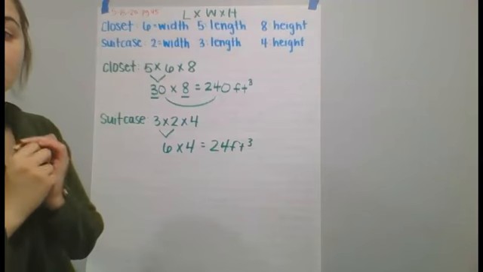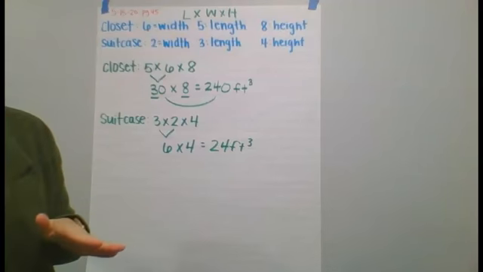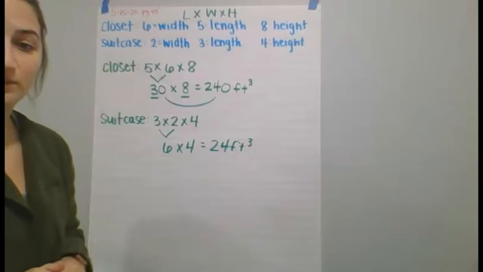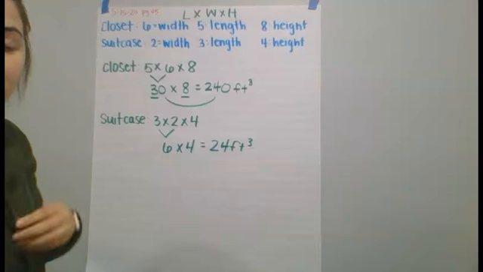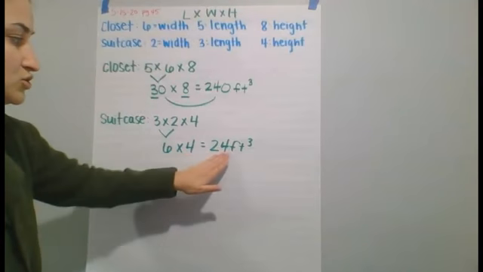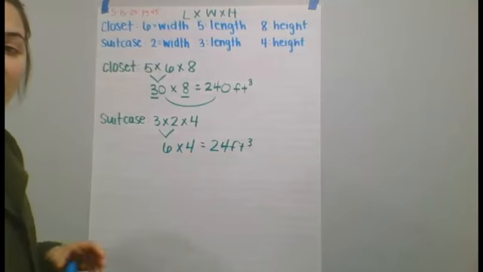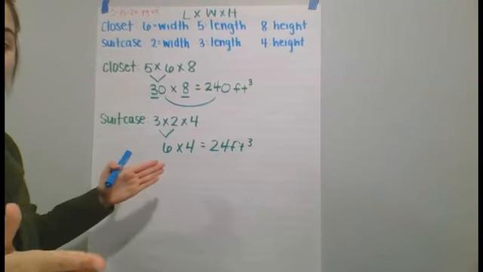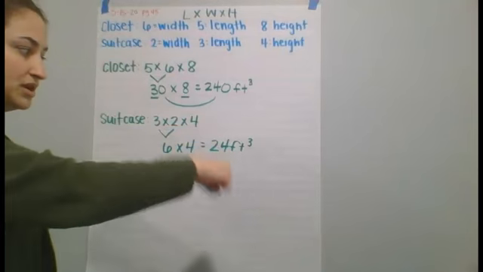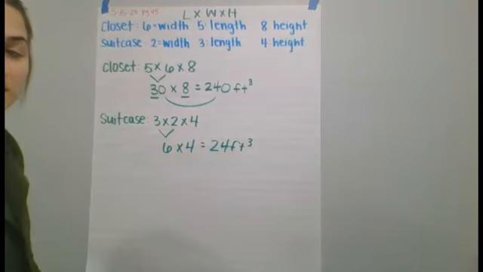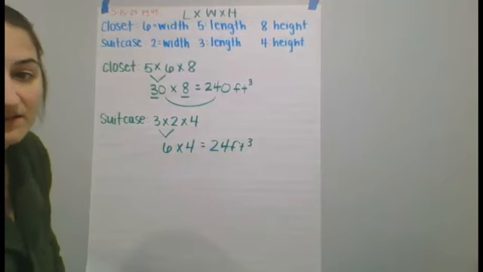All right. So now we want to figure out, if our closet is 240 feet cubed and our suitcase is 24 feet cubed, the difference between those. Basically I'm putting the suitcase in there, which reduces the amount of space that I have in my closet.